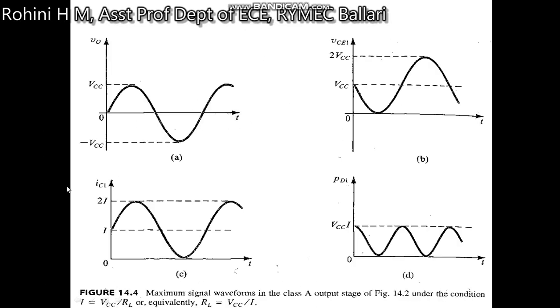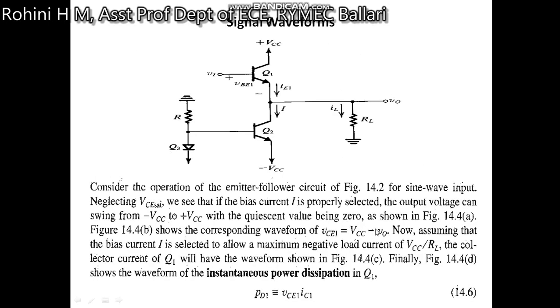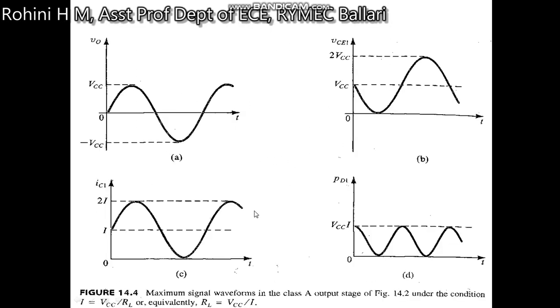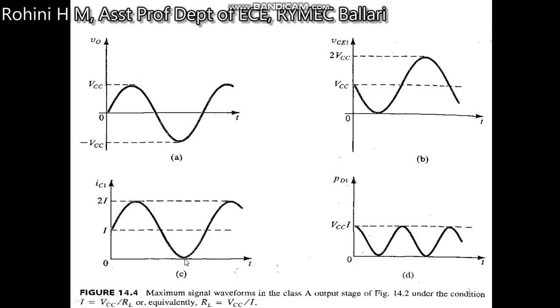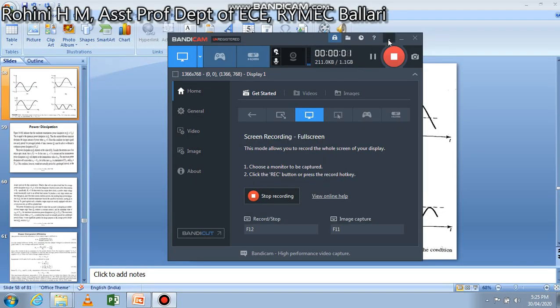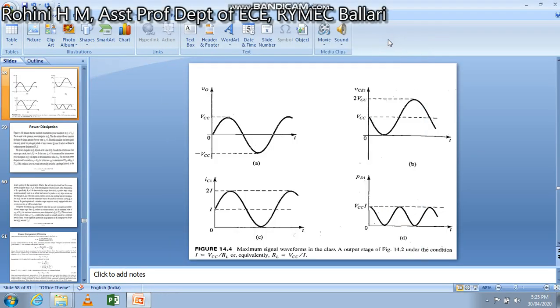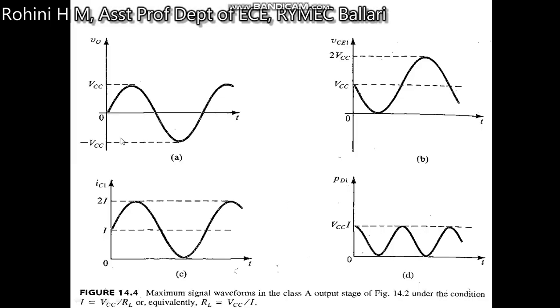So this is the diagram. This is the sinusoidal waveform which is chosen, 14.4a and 4b. So the signal is oscillating between plus VCC and minus VCC.